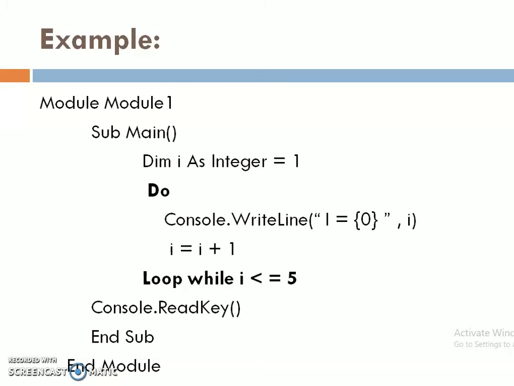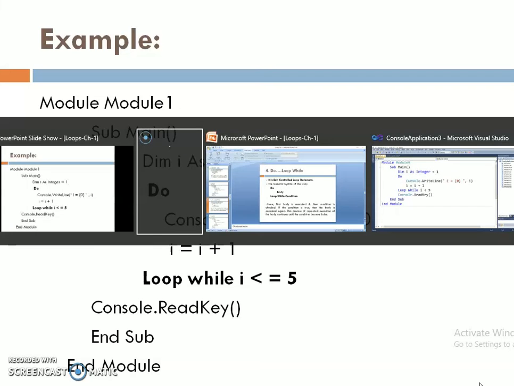First we write the do word, then we print 1 to 5 numbers using WriteLine function, then give the variable I, then increase the I value. We write I = I + 1, and last we write the loop word, then the while word, and give the condition I <= 5, because we print 1 to 5 numbers. Now let's perform this program in a console application.